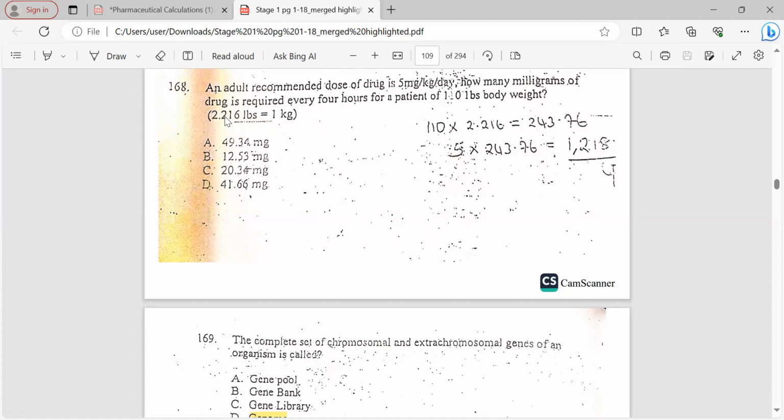So in a day, it means he takes the drug 6 times. So we divide by 6 to get how much drug he needs every 4 hours. 41.36.